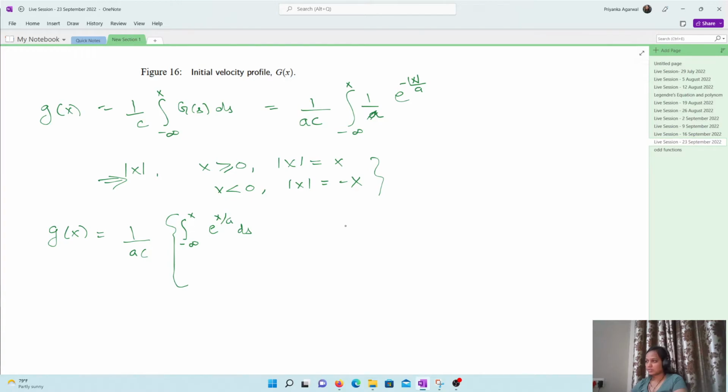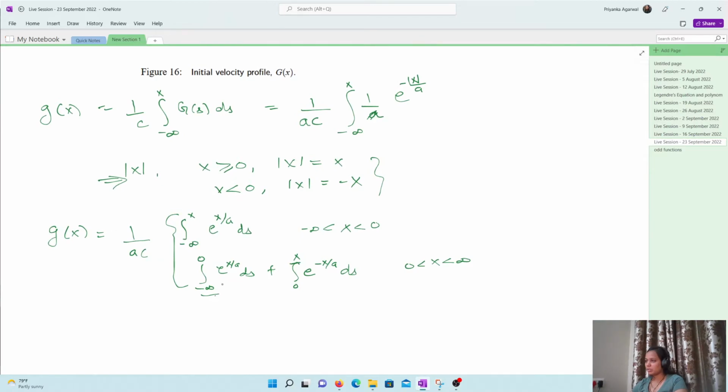Okay, this is when x is between 0 and infinity. If x is greater than 0, then first we have to integrate till this point where we can write it as e to the power x by a ds, and then for 0 to x we can write it as e to the power minus x by a ds. This is when your x lies between 0 and infinity.